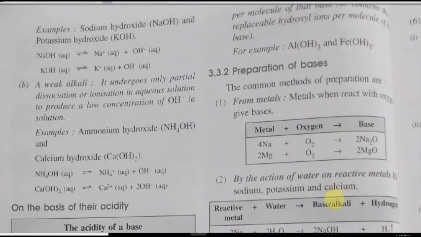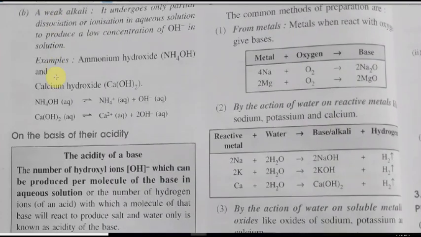We can see some examples. KOH and NaOH are strong alkalis. Similarly, a weak alkali produces a very low concentration of OH minus in solution, like NH4OH or calcium hydroxide, which are weak alkalis because the OH minus produced is very little.